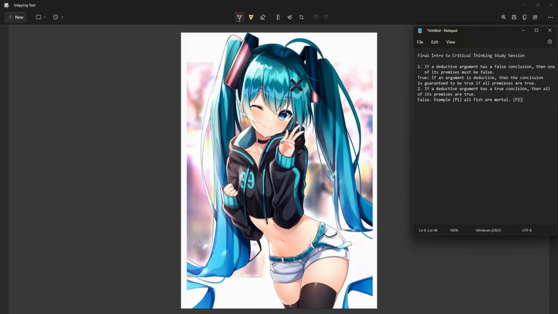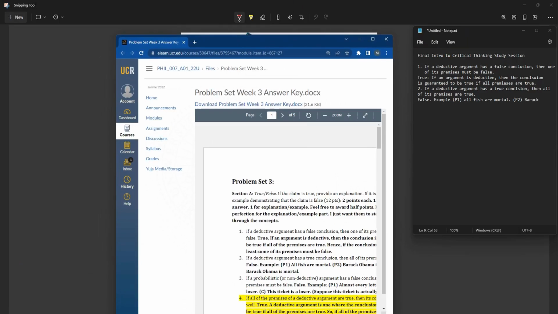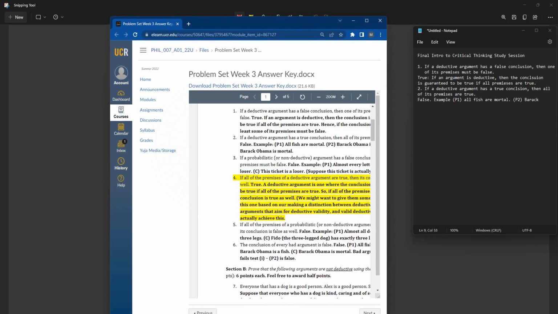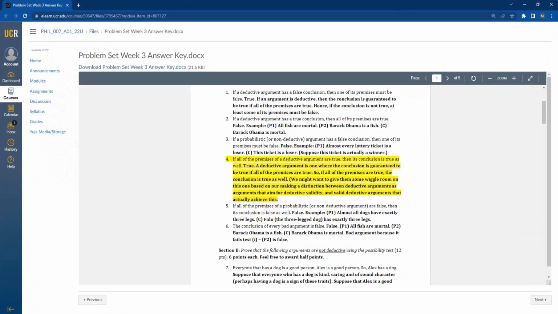P2. Barack... did my professor... You know what? I'm going to show this. Yes, the professor really wrote Barack Obama is a fish. Is this guy for real? Barack Obama is a fish.